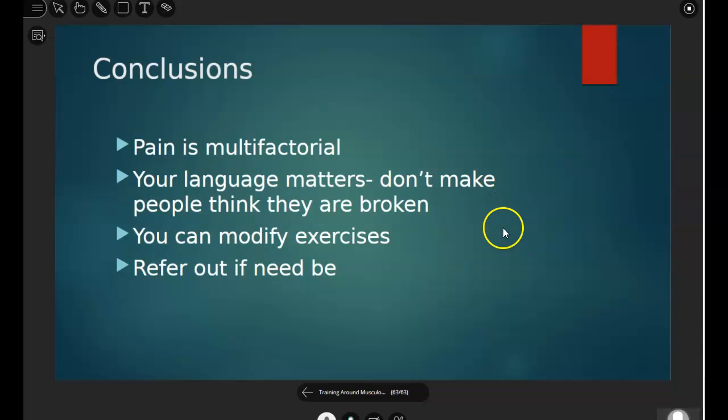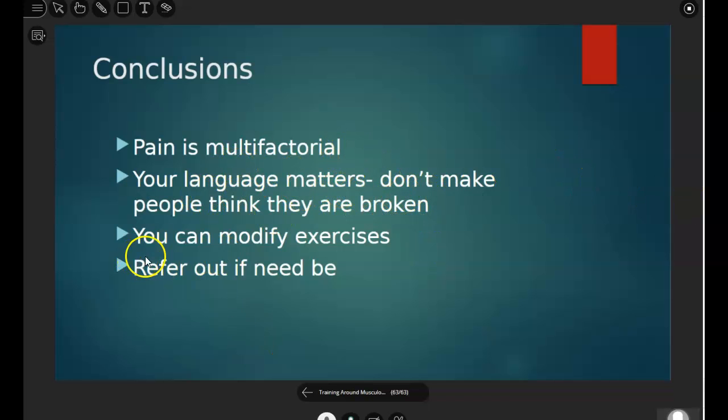Don't make people feel like they're broken. One of the worst things you can do when coaching somebody is tell them everything that's wrong with them, because that can make them movement avoidant and have them associate fear with movement. We really want to avoid that at all costs. Think nocebo effect. Your words technically are an inert substance, but they can cause harm.